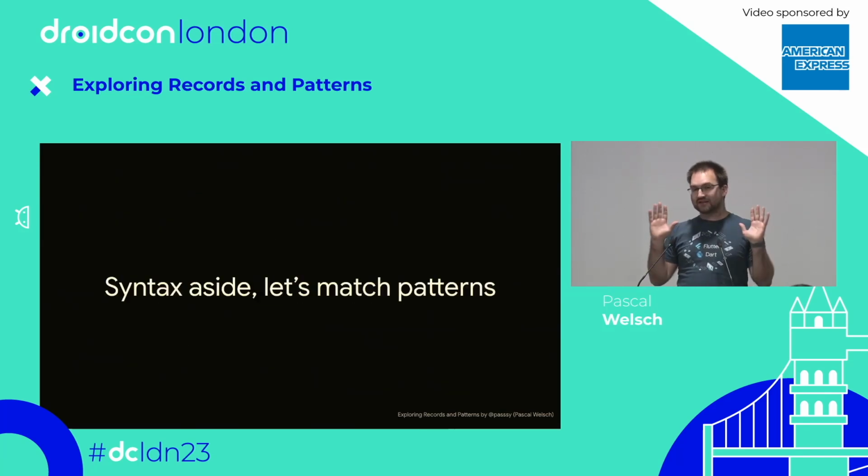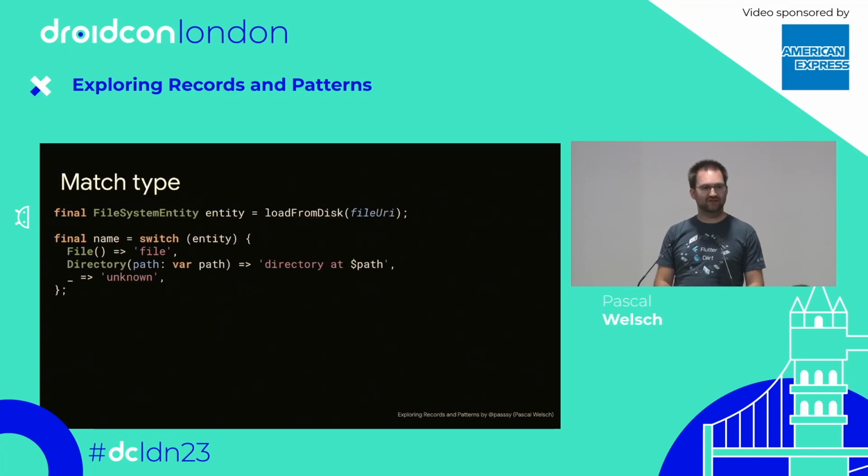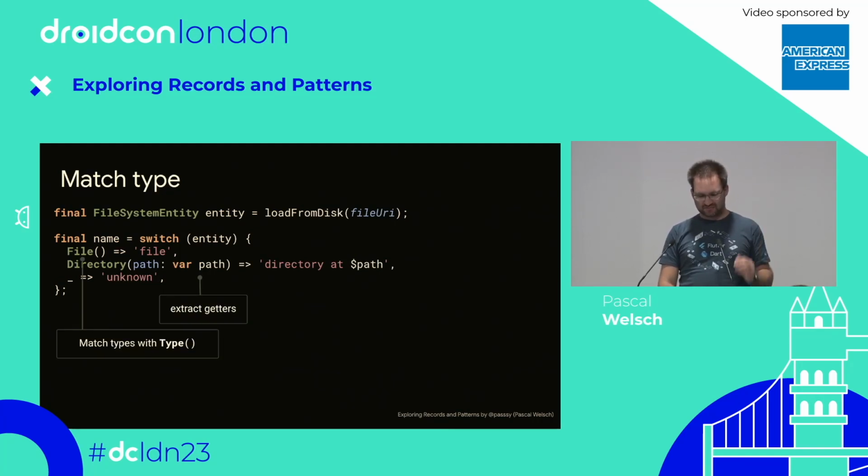Okay, but the switch expression is actually kind of cool because it allows us to have pattern matching, and I will show you some cool examples of pattern matching. So first of all, we have patterns here for file types, and not only file types, but we can also extract variables of those types. Pretty cool.